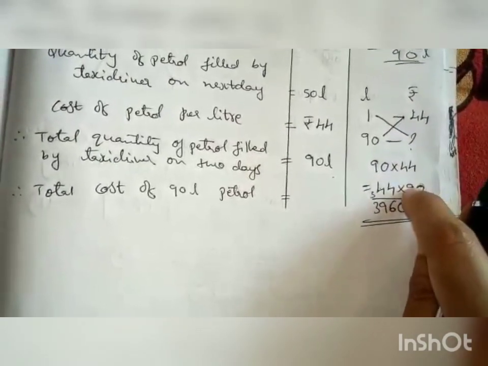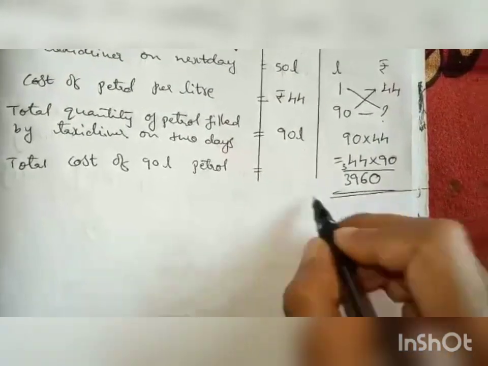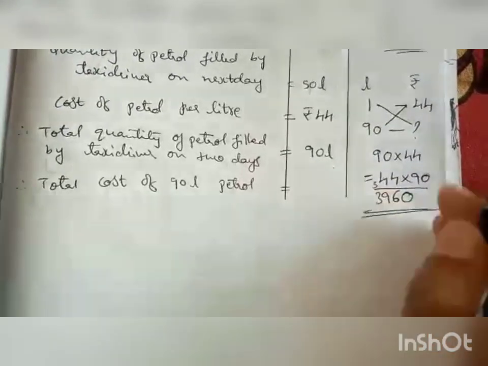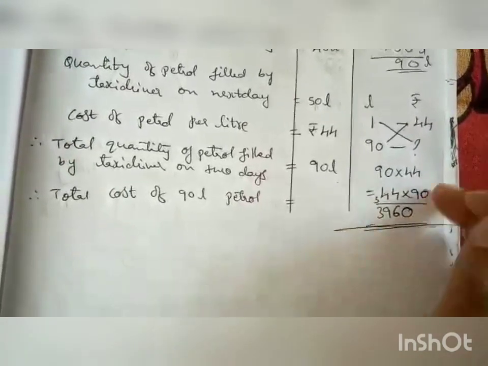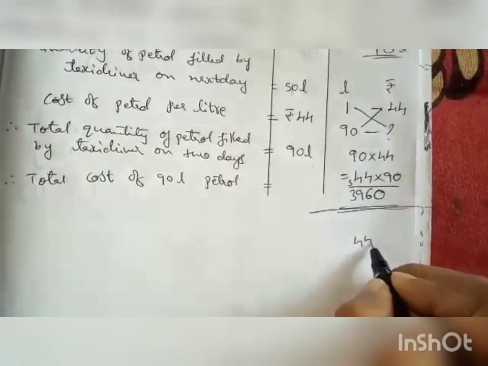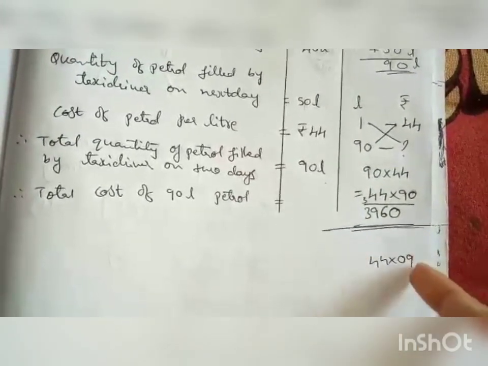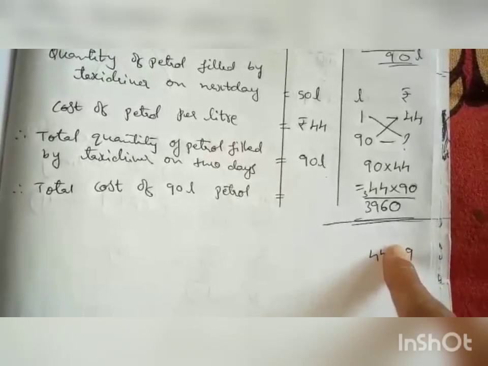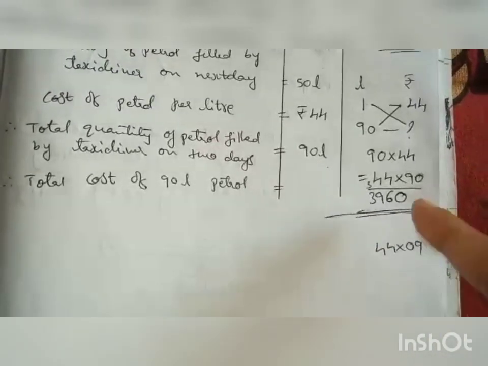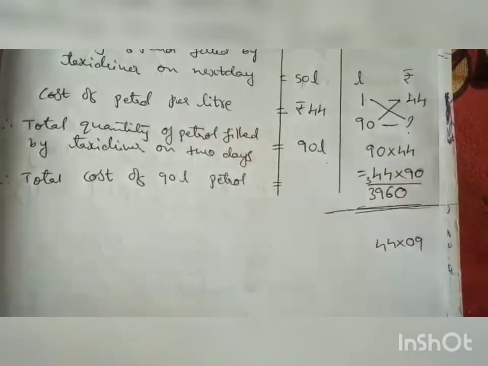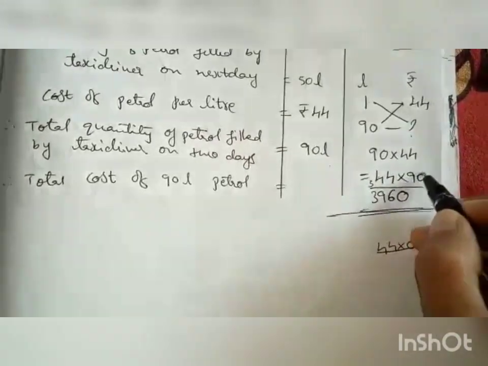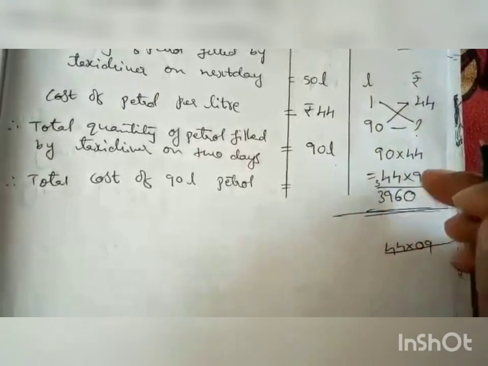For example, if you have 44 into 09, that time you cannot do like that. We can ignore only if the 0 is at the end, and at last we'll put it.